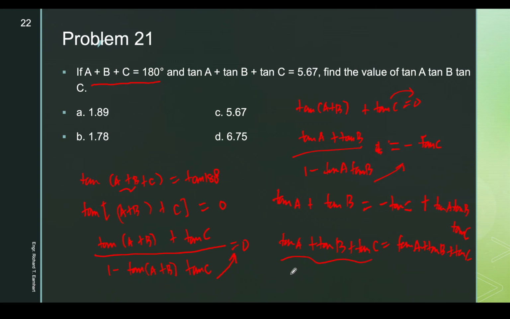So therefore, okay, the product, this is product pala, not sum. So the product of tangent A, tangent B, tangent C is also equal to 5.67.